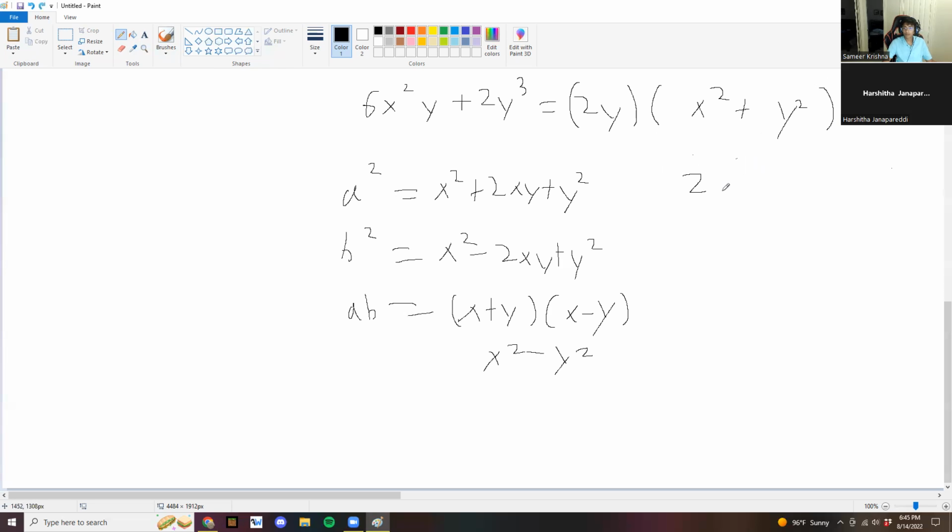Wait, no. It's just 3x squared. So we get 6x squared y. And then we get plus 2y cubed. Do you understand? Yeah. Okay then. Okay, so that's easy.